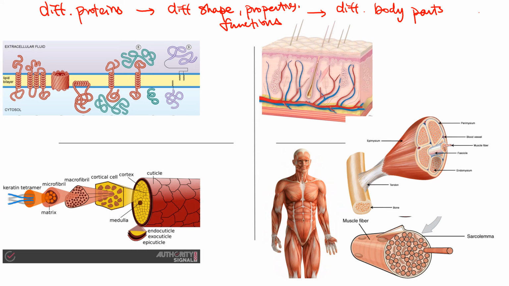Then we try to look at body parts, a bigger picture, okay? Some proteins are very elastic. They are used to build up these middle parts of the skin. These elastic proteins fill it up so that your skin is a little bit elastic. You can pull your skin, right? Pull your face, right? You can.